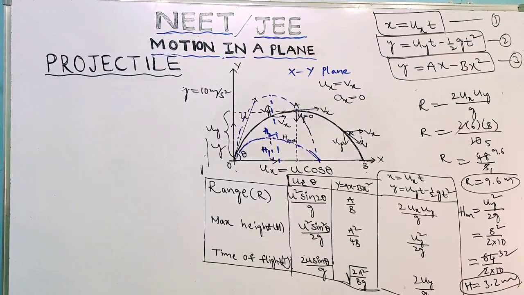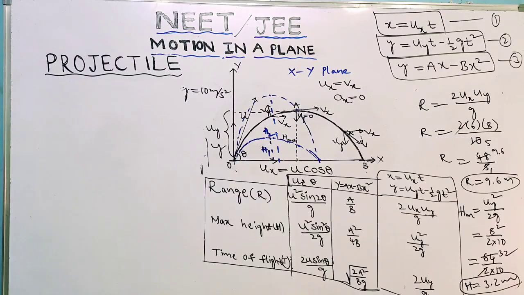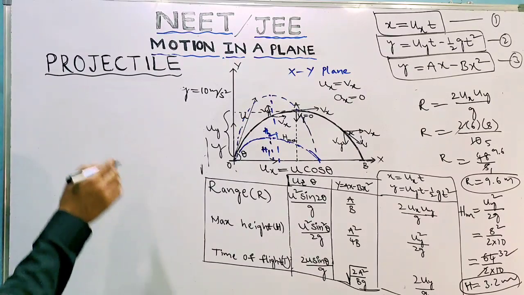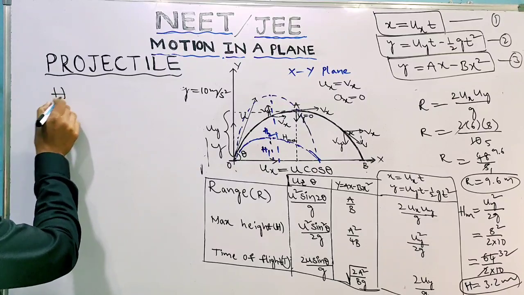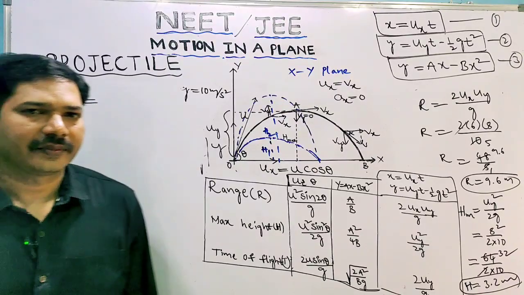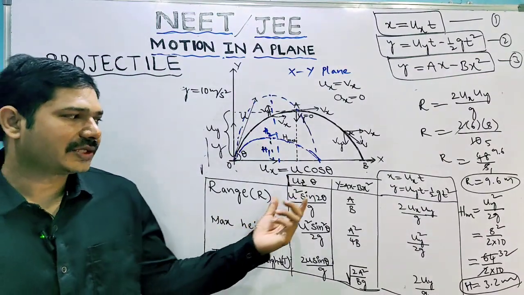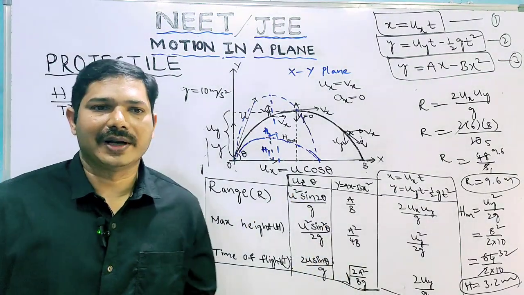Another problem we can observe on the screen. They are asking, for a projectile, the ratio of maximum height reached to the square of the time of flight. So what are they asking? The ratio of maximum height to the square of the time of flight. Here we can substitute the direct formulas.